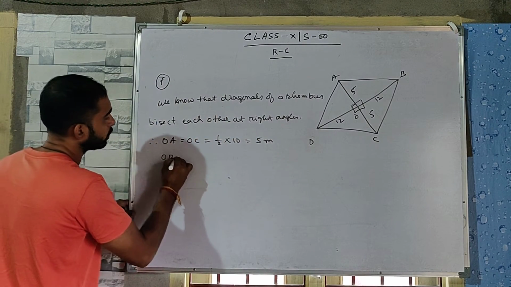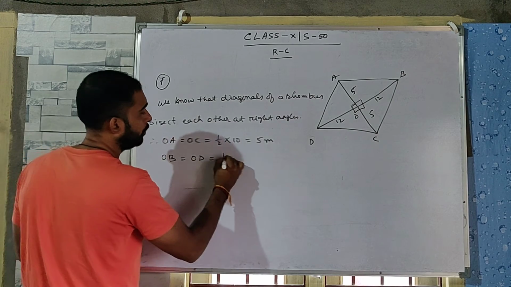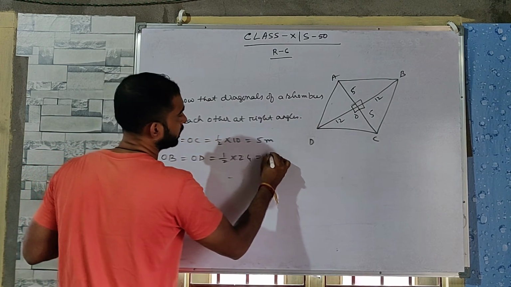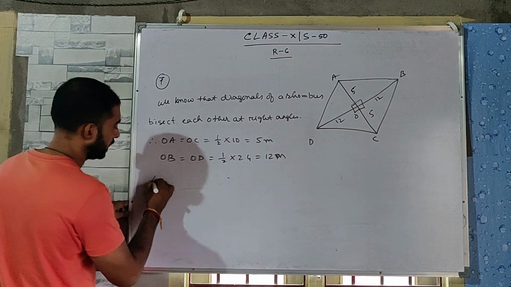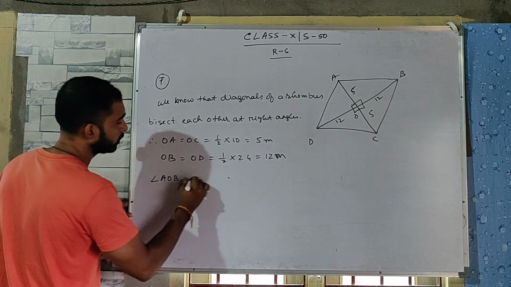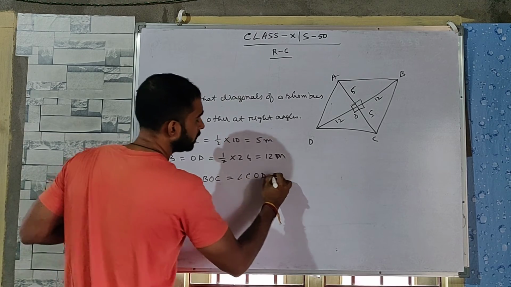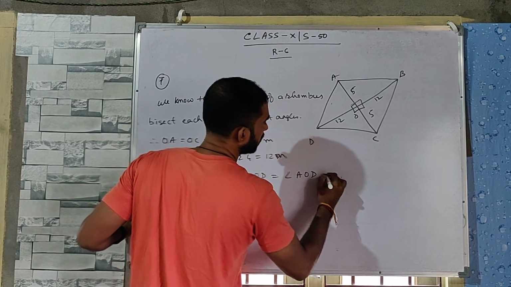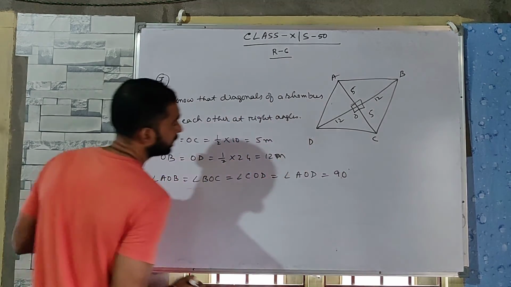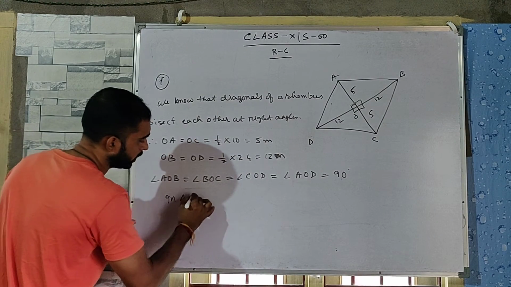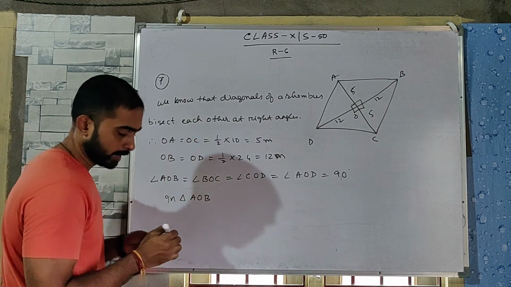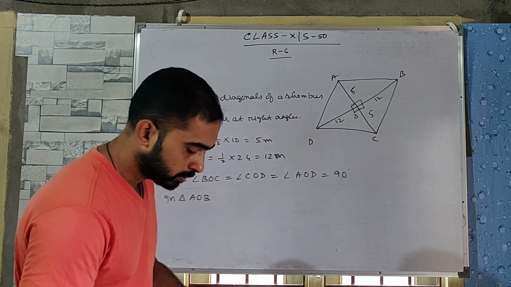And OB equal OD equal half of 24, that is 12 meter. And angle AOB equal to angle BOC equal to angle COD equal to angle AOD is equal to 90 degree.